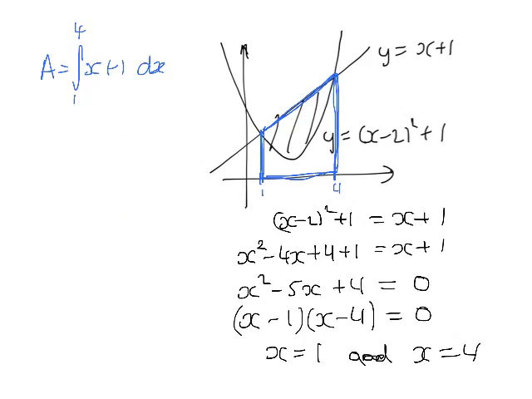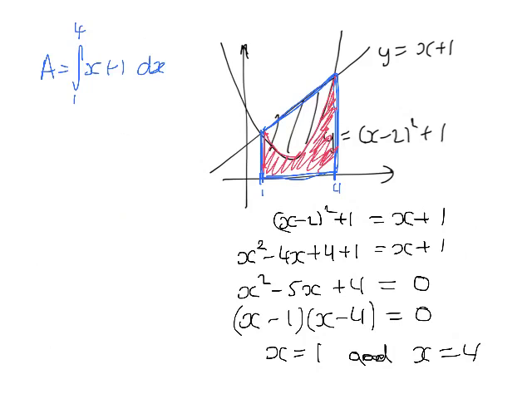So we can find that blue area. Now we can also find the area under the curve. The area under the curve between 1 and 4 is this red area that I've shaded here.